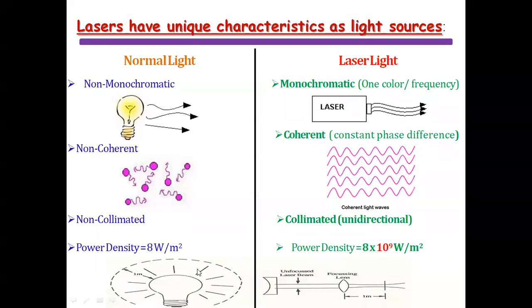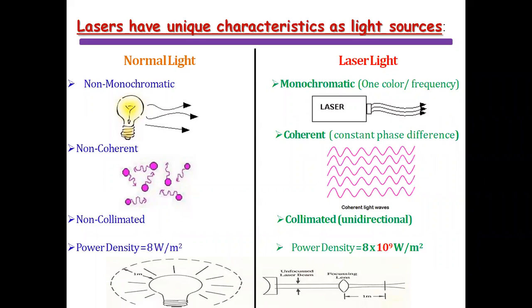In the laser, the power density is very high, of the order of 10 power 9 watt per meter square. This is a huge amount of power. If I expose skin or any tissues to laser light for a long time, those tissues will heat up and there will be permanent damage to the skin. Whereas a normal light source does not have such high power density. It is around 10 watt per meter square, very small compared to laser light.